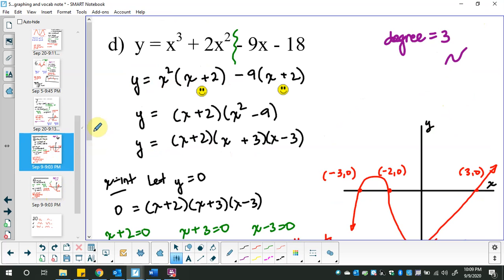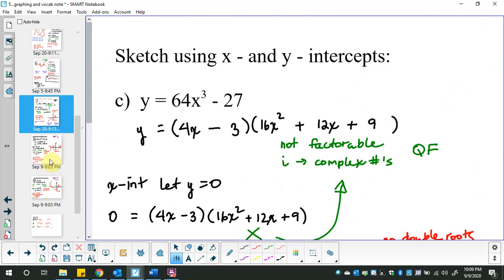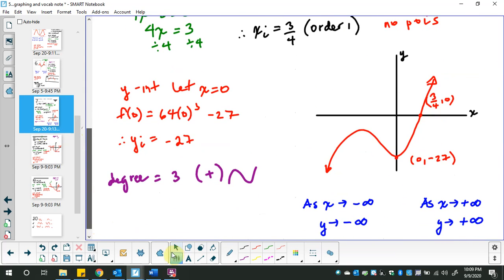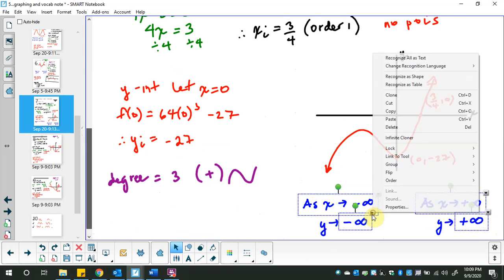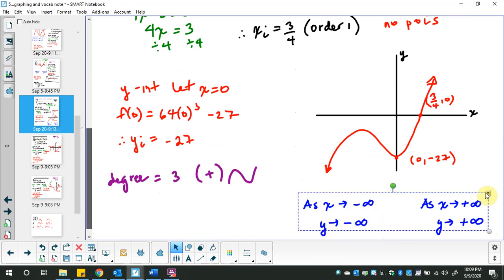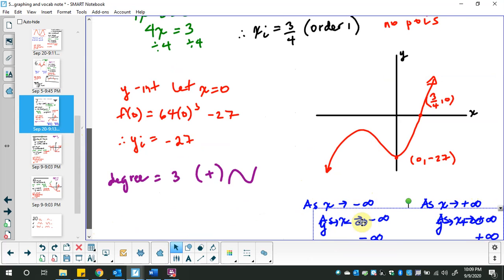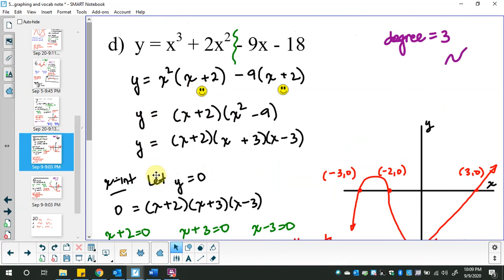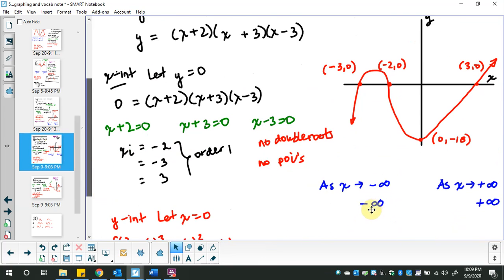Oh my gosh, there's another positive degree 3. Yeah, watch my magic. I think it would have been just as easy to write it down.